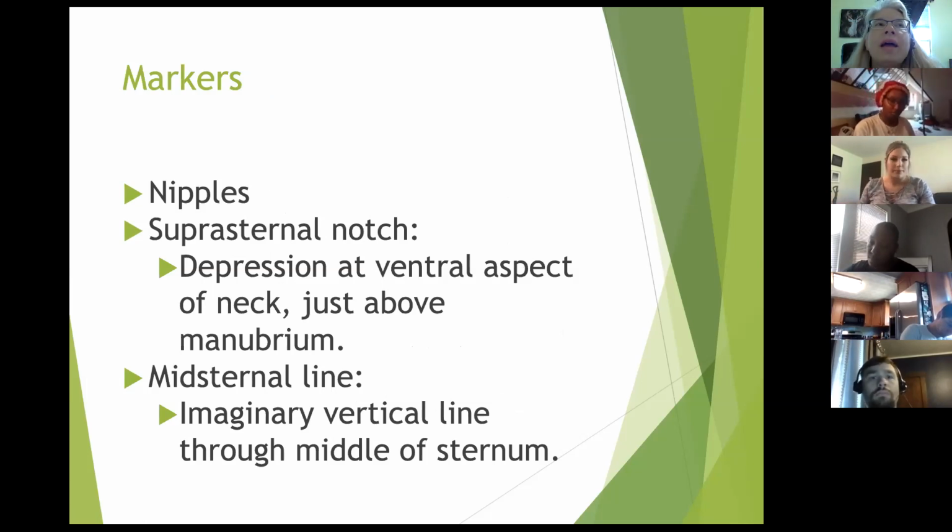And so if you're having appendix pain, you would have pain in your right lower quadrant. We use those markers. The markers that we're going to talk about are what we use to pinpoint problems when we're doing assessment in the chest and the back area. Okay, so just kind of bear with me as I talk through all of this.